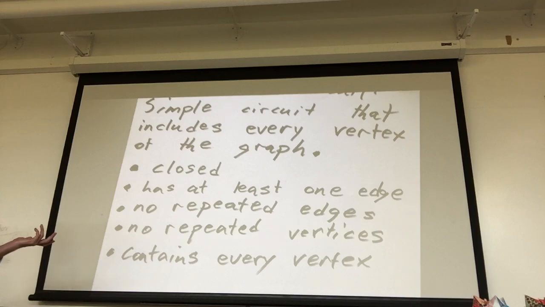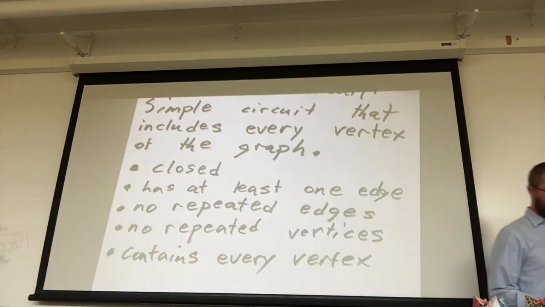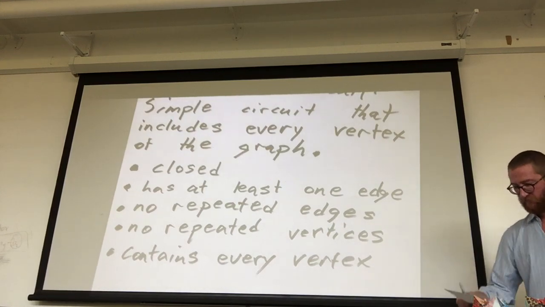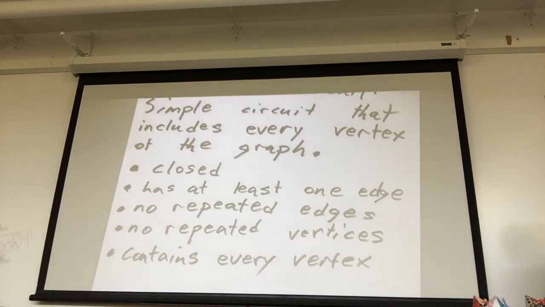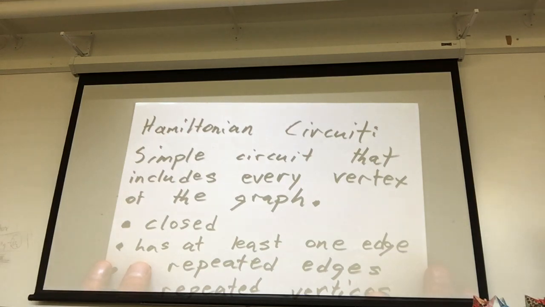But the difference between an Euler circuit and a Hamiltonian circuit, well, first of all, this one has no repeated vertices. Okay? What is the other difference between them is if we look at the definition of what an Euler circuit is, okay? So we say a simple circuit that includes every vertex of the graph.